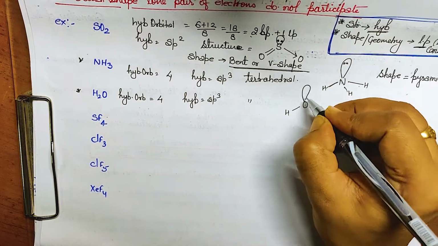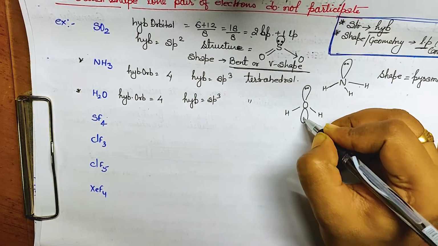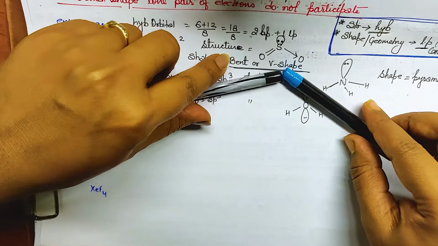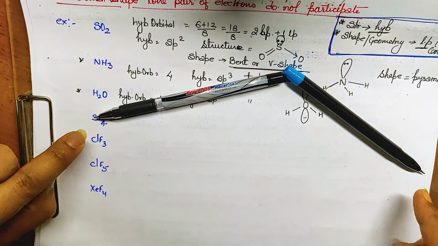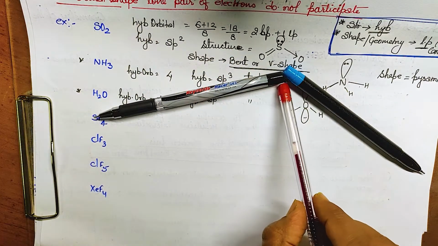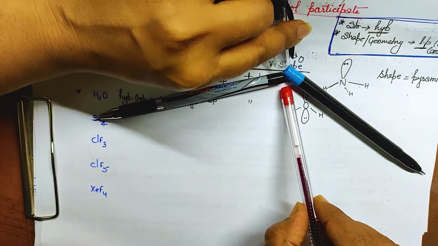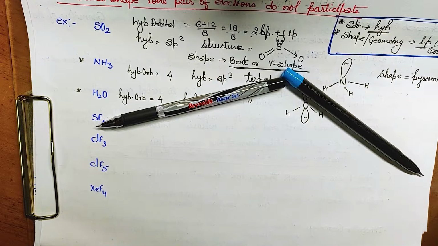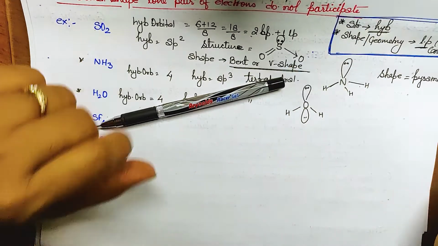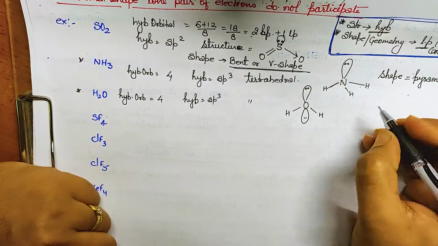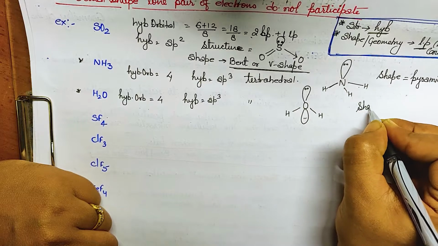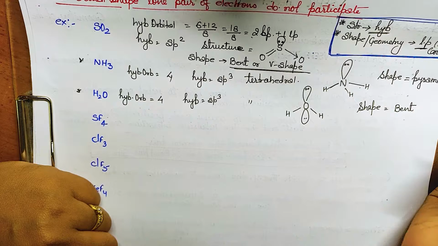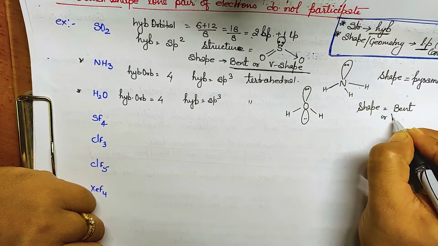And here it will be a lone pair and here it will be a lone pair. So now again just think of it, this is the bond for hydrogen, here hydrogen, this one is the lone pair and this one is the lone pair, okay? So what to do, remove this and remove this. So you are getting the shape, yes, it's bent, okay? The shape will be bent, or you can say V shape, okay, V shape.